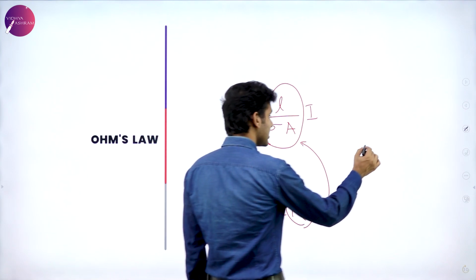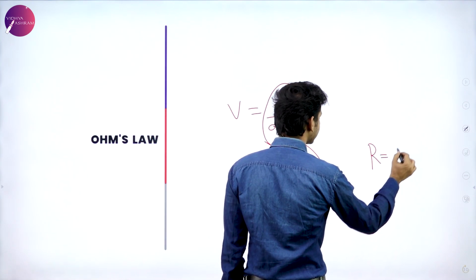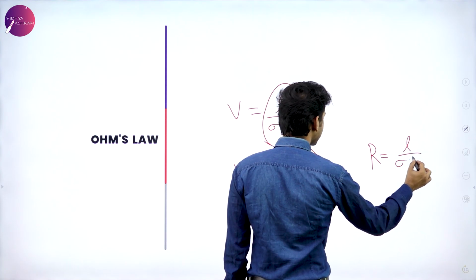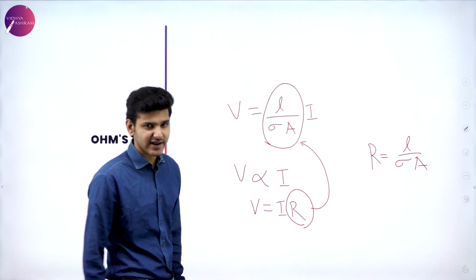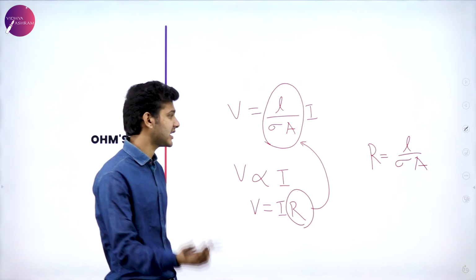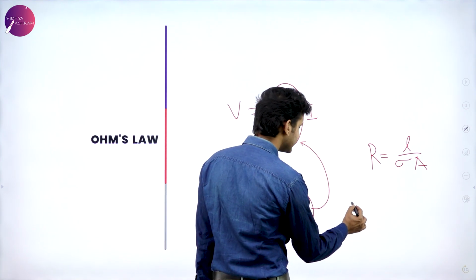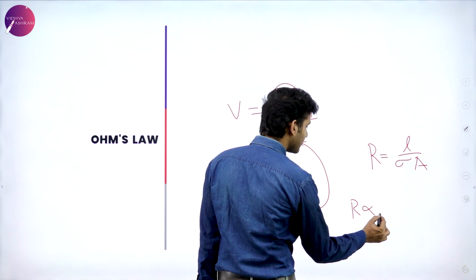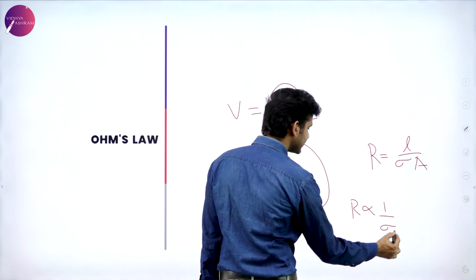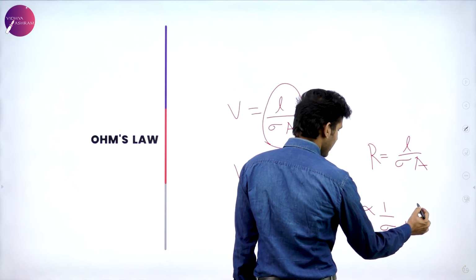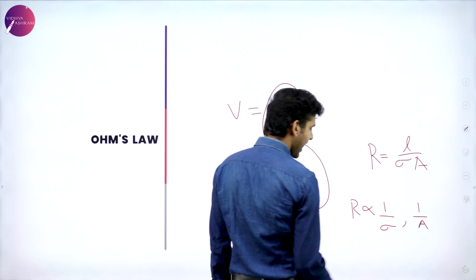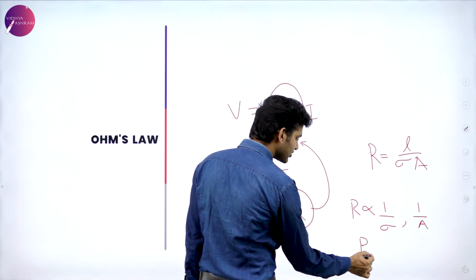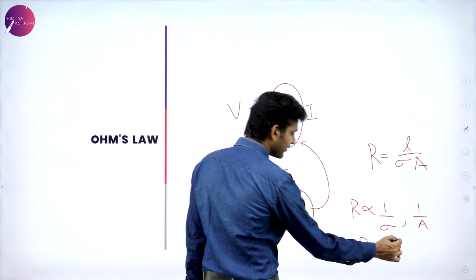Resistance is inversely proportional to the conductivity of the material. That is, if R is equal to L by sigma A, then we can derive the relation that resistance is inversely proportional to 1 by sigma, inversely proportional to 1 by A, and directly proportional to the length of a material.